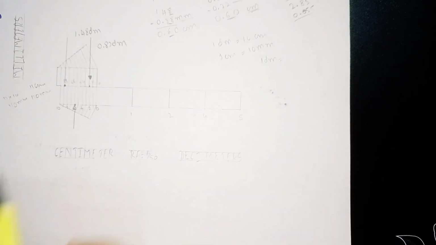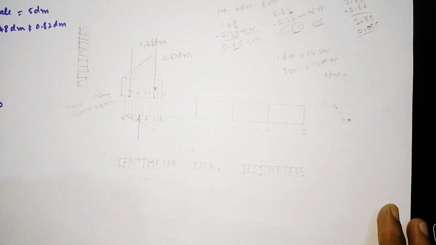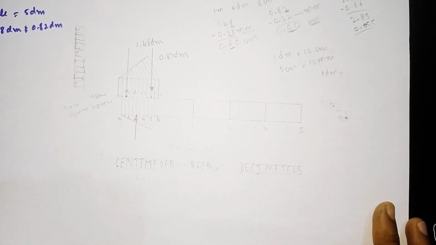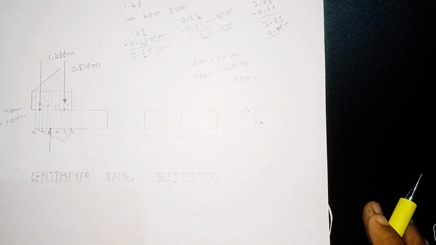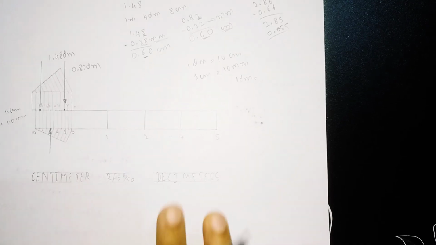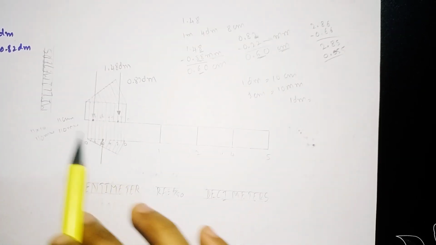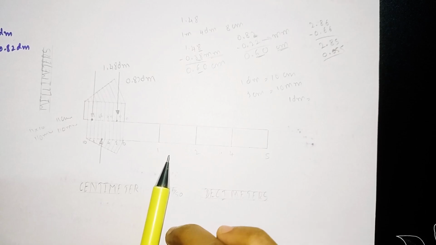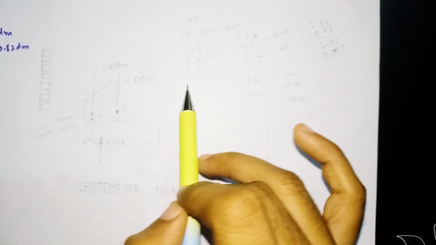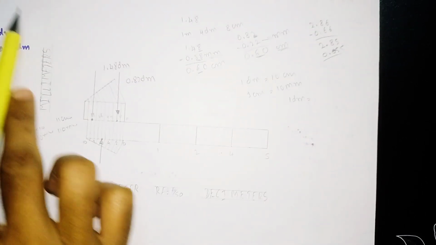So this is how we need to read the value when it comes to the vernier scale. This is how we need to draw the vernier scale diagram. It is quite difficult compared to the diagonal and plane scale. In the case of diagonal scale and plane scale we use a different method for reading the value.